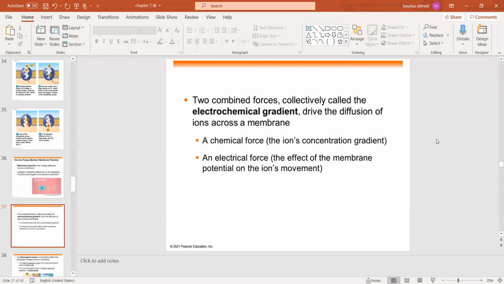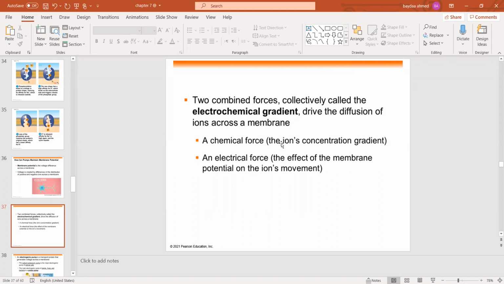Because the inside of the cell is negative compared to the outside, the membrane potential favors the passive transport of cations into the cell and anions out of the cell. Thus, two forces drive the diffusion of ions across the membrane.